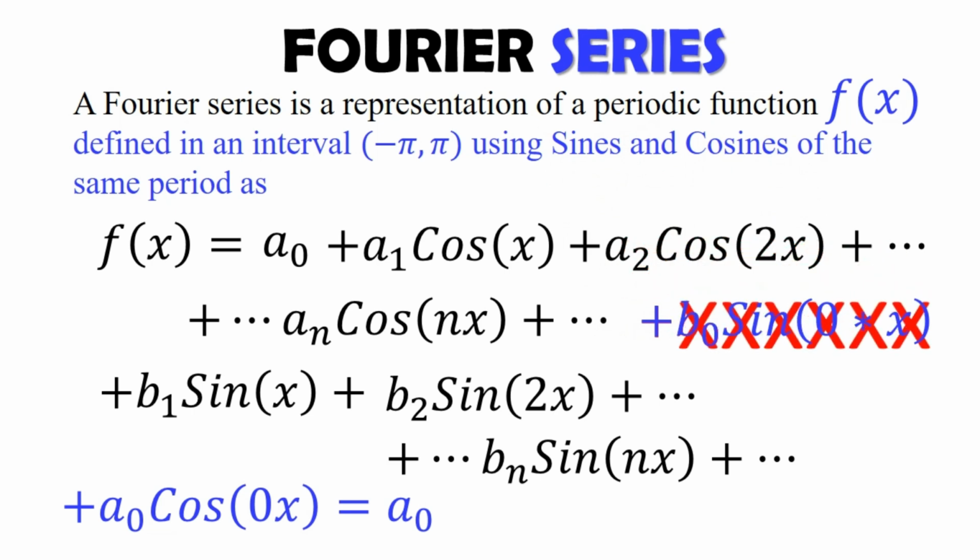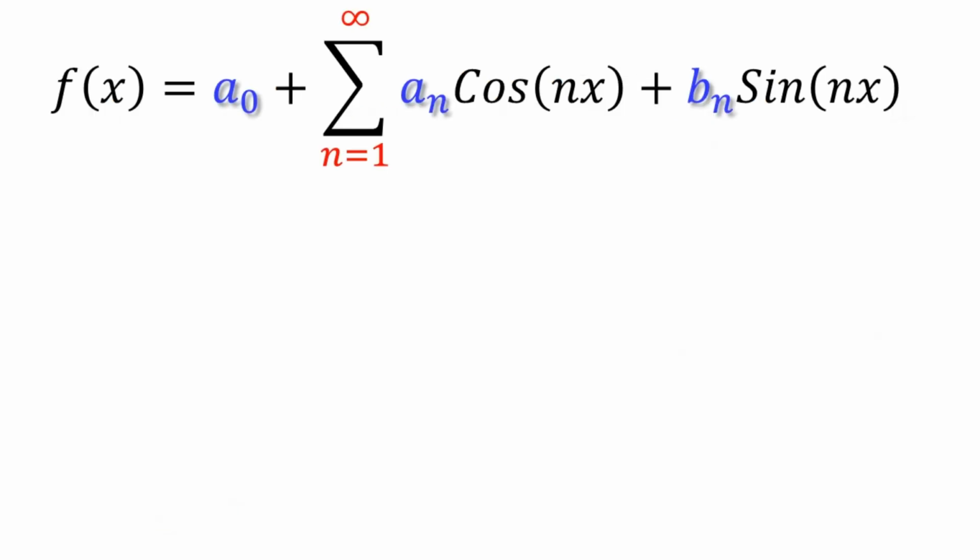So without wasting much of our time, this thing we are calling the Fourier series can be represented as the expression we can see on the screen. This expression is saying that f of x, a periodic function defined over the interval of minus pi to pi, can be represented as a naught plus a series that ranges from 1 to infinity.